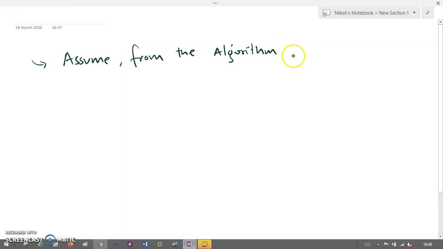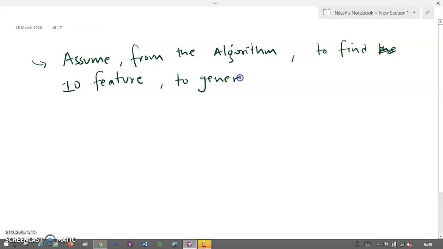So assume from the algorithm we ask to find, let's say, 10 new features, to generate 10 features to generate the feature matrix, and what alphabet do I use?